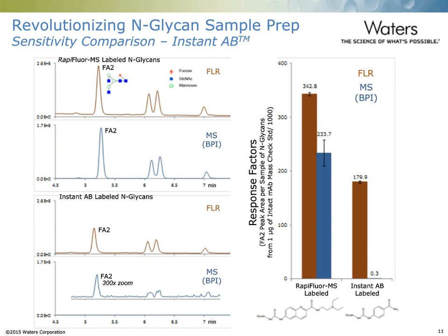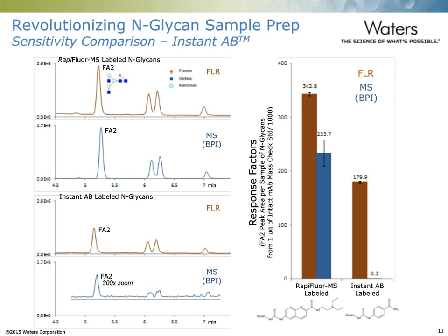How does this tag compare to currently available technologies? Shown in this slide is a comparison to InstantAB. In the top left-hand corner, we have a comparison of the fluorescence and mass spec base peak intensity traces for RapiFluor-MS, and in the bottom left, we have the InstantAB fluorescence and mass spec.